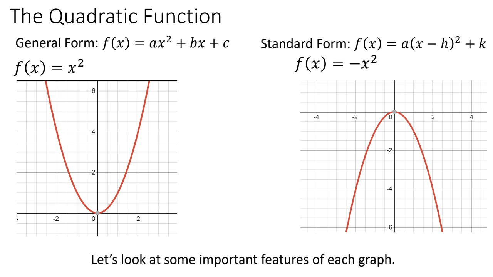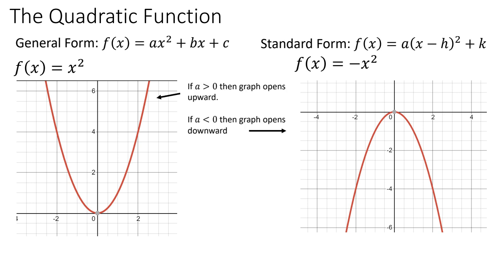If I'm looking at my general form here, if the a value is positive, that's a greater than 0, that means my parabola is going to be opening upward. If my a value is negative, or a is less than 0, I know it is going to be pointing downward. So again, this value is important.